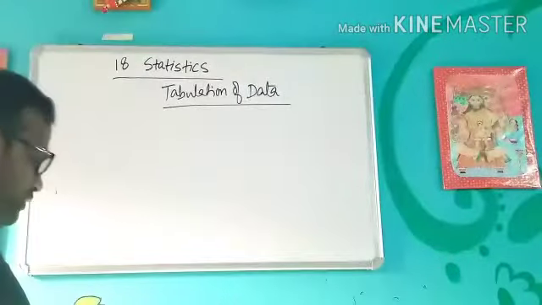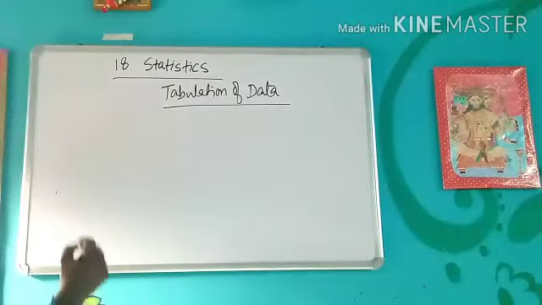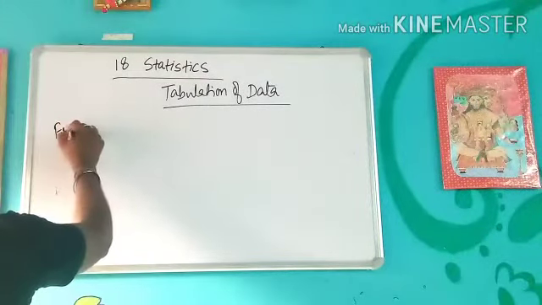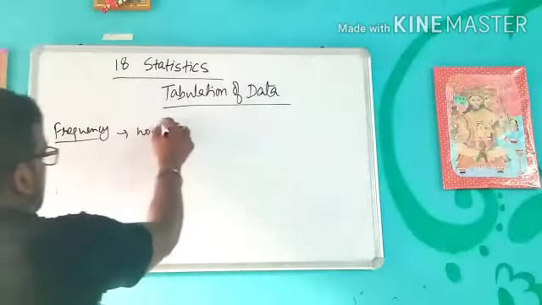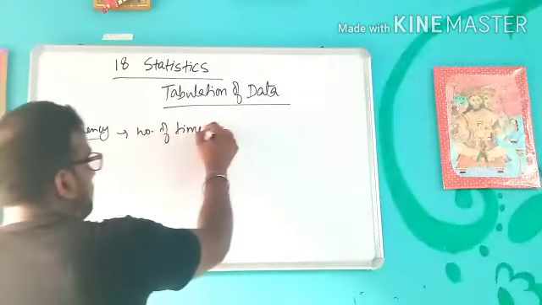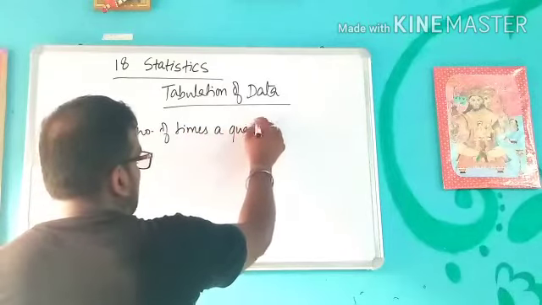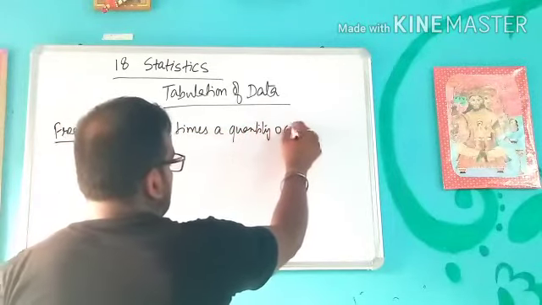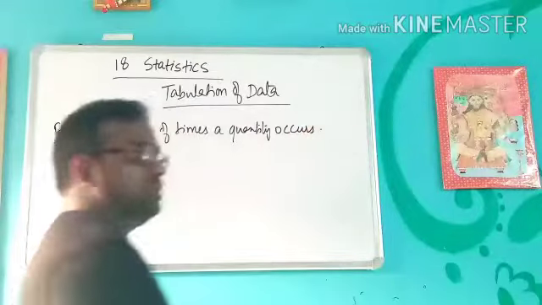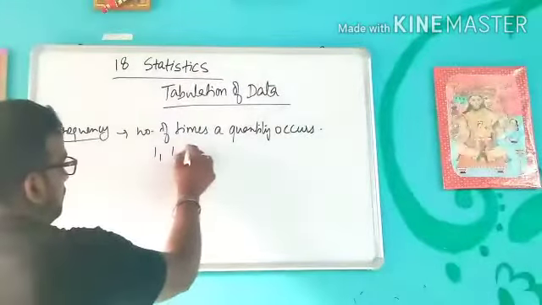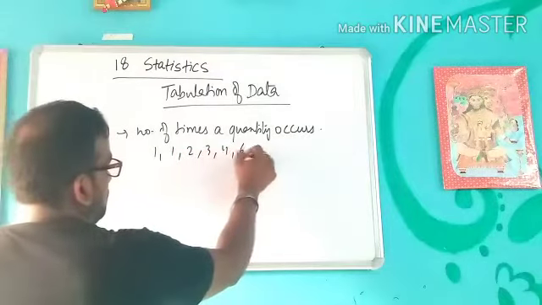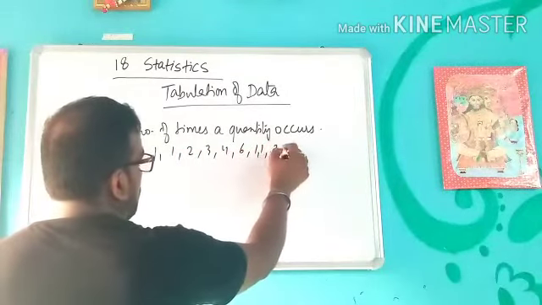For tabulation of data, a few terms are there, like frequency. Frequency is the number of times a quantity occurs. Suppose the given data is 1, 1, 2, 3, 4, 6, 1, 1, 2, like this.